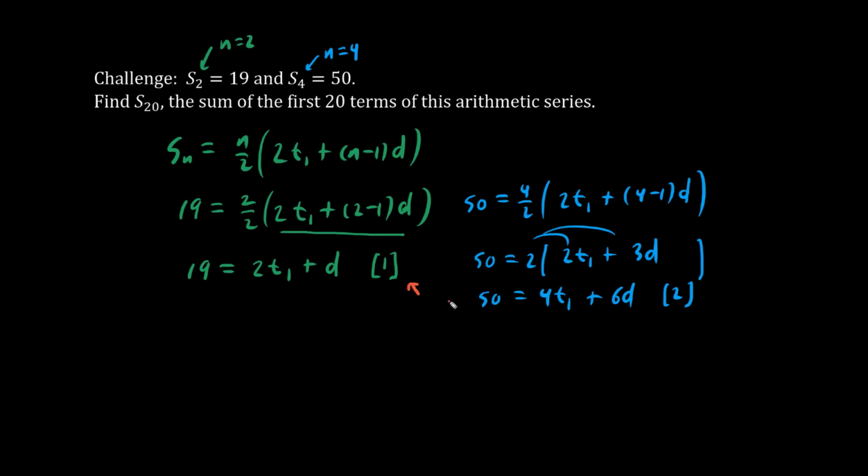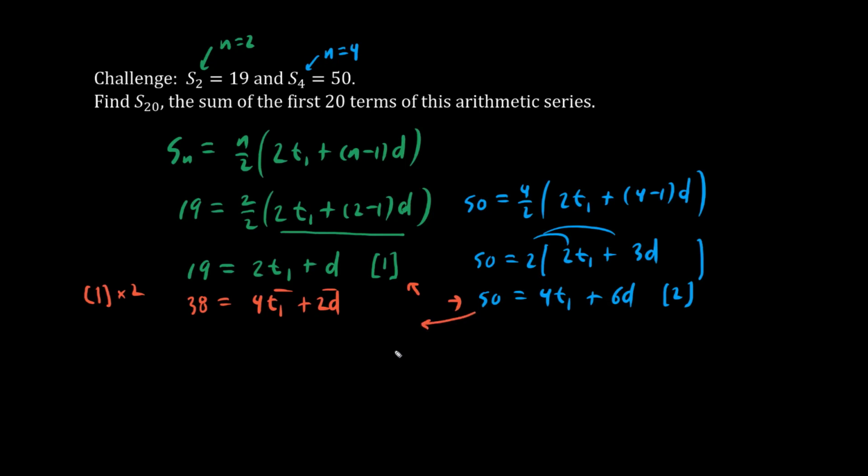Given two equations and two unknowns, t and d, we should be able to solve for these two unknown variables. Let's multiply equation number 1 by 2. We have 38 equals 4t1 plus 2d.